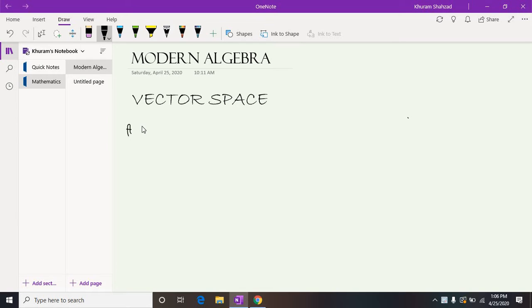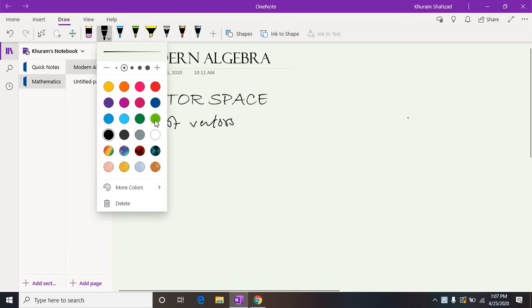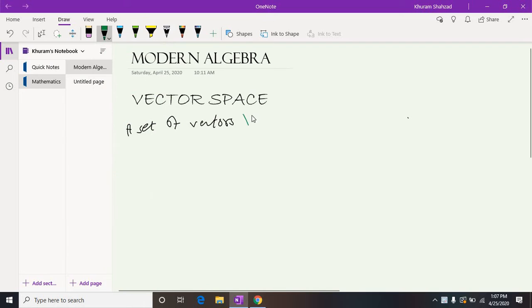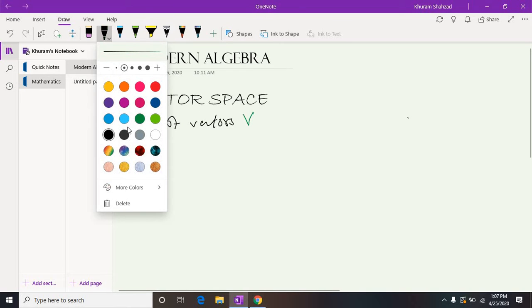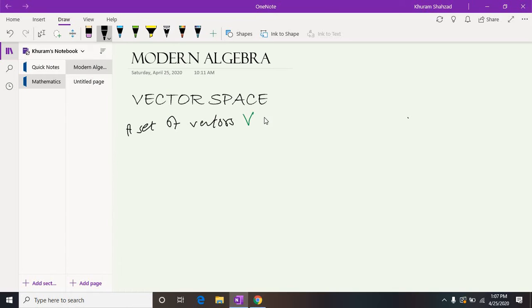So you can write a set of vectors, let's name it, because that will help us in the upcoming session. I have given it a name V. Okay, a set of vectors V, and here comes another set, field.